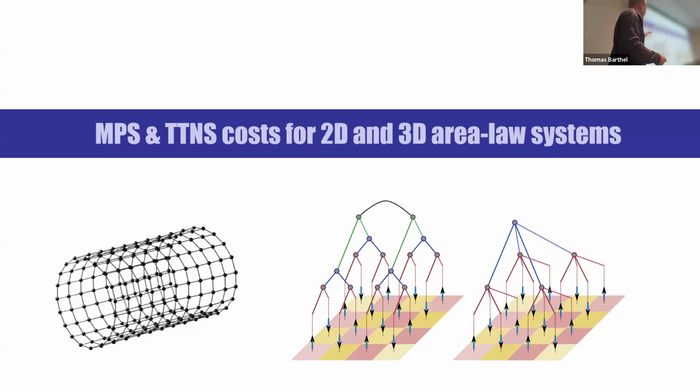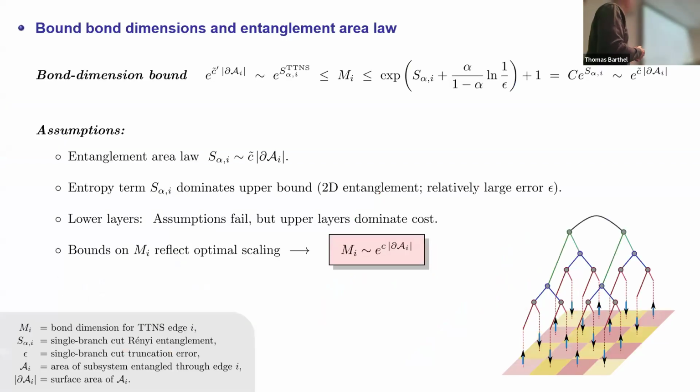Okay, so now from what we discussed, we finally want to evaluate the cost for our 2D and 3D systems, assuming that we have an area law in terms of the entanglement entropy in the state that you try to approximate with these tensor networks. Okay, so we had these bounds before. The upper bound was this one we saw, right, with the Renyi entropy.